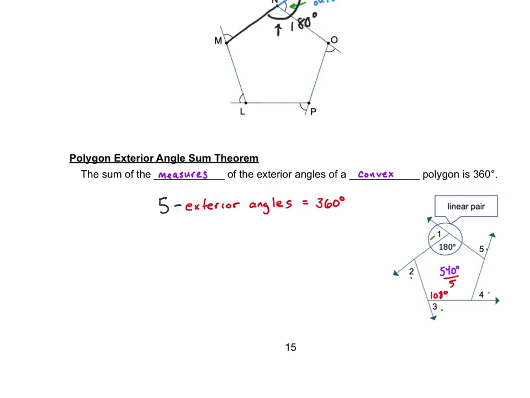If I wanted to find what one of those exterior angles equals, I could divide by 5, and my exterior angle is going to be equal to 360 divided by 5, which is 72 degrees. And sure enough, if this exterior angle is 72 degrees, 108 plus 72 is equal to 180 degrees, which is that linear pair.